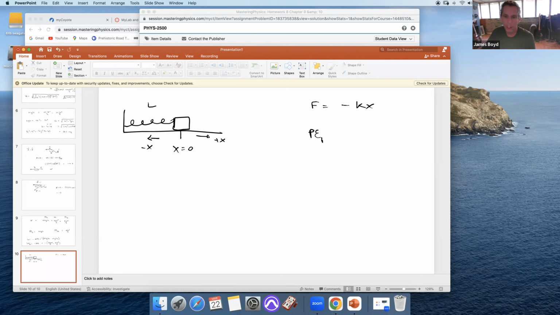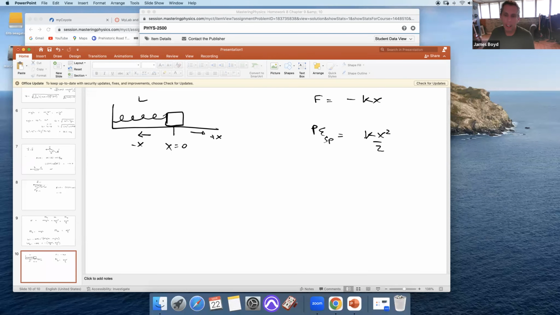The potential energy of the spring at any time is going to be Kx squared over 2. They're related because if you take the derivative of the potential energy, you get the force. If you take the integral of the force, you get the potential energy.